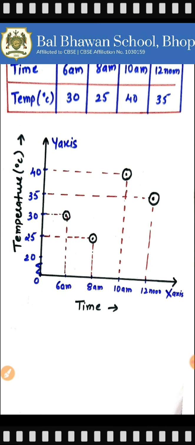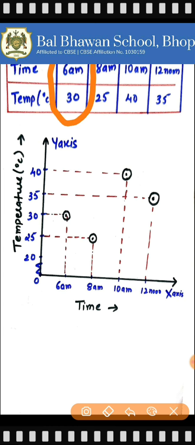Right? Now I will tell you how to plot the line graph using plotting points. We have to take the pair of first two numbers: first number of the time axis, and second number of the temperature axis. So 6 and 30. 6 will be taken on the x-axis, its x coordinate, and 30 will be our y coordinate.